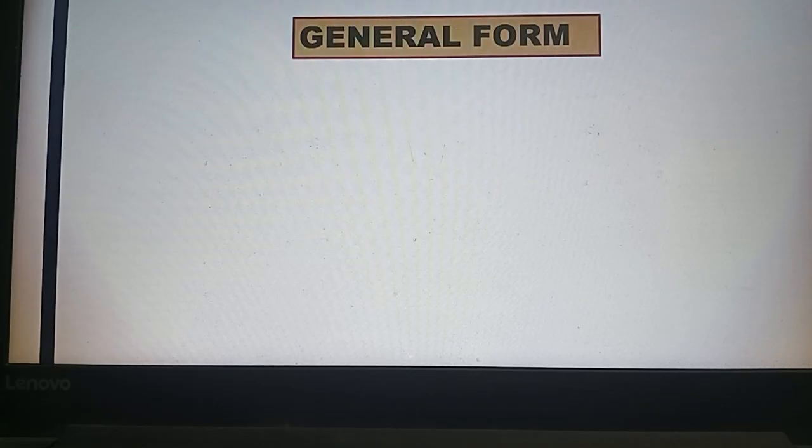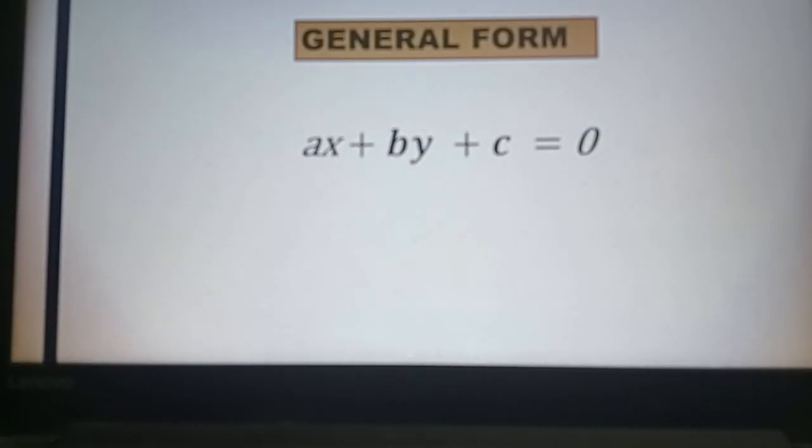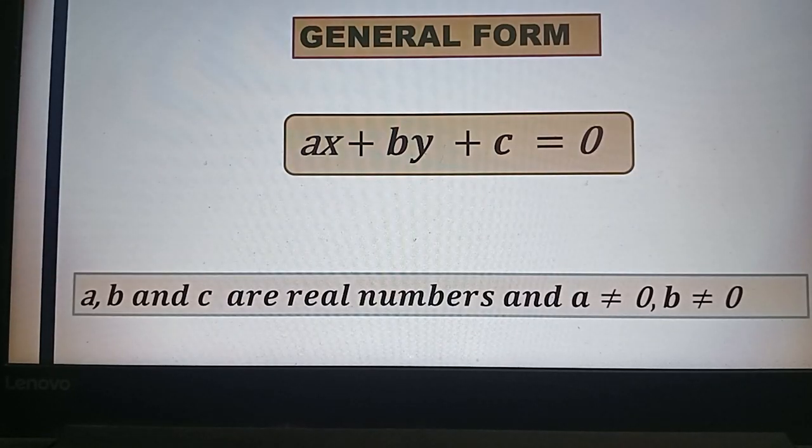So what do you get here? The general form of linear equations in two variables is ax plus by plus c is equal to 0, where a and b are not equal to 0 and a, b and c are real numbers. So this is the general form of the equation.